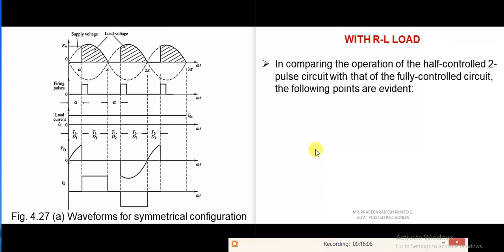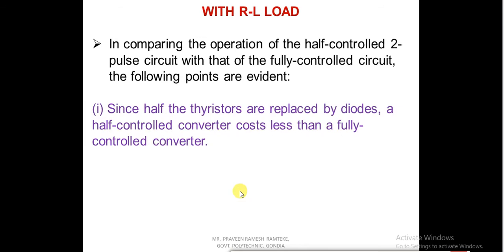So, in comparing the operation of the half controlled 2-pulse circuit with that of fully controlled circuit, the following points are evident. Since half the thyristors are replaced by a diode, a half controlled converter is less costly than a fully controlled converter.